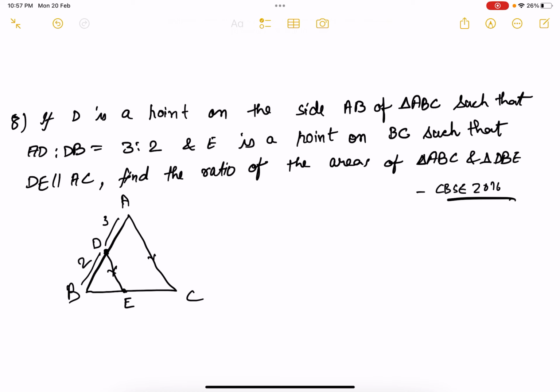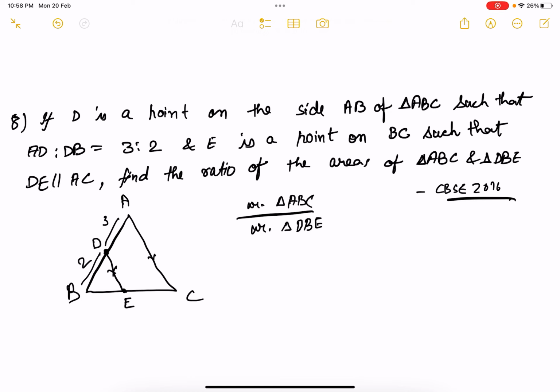Then we have to find the ratio of the area of triangle ABC upon the area of triangle DBE. Okay, so what is given to us?